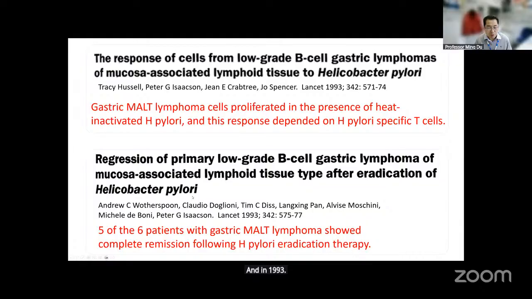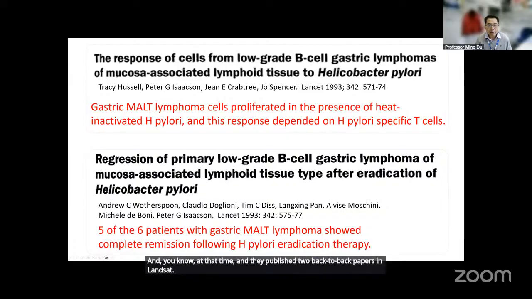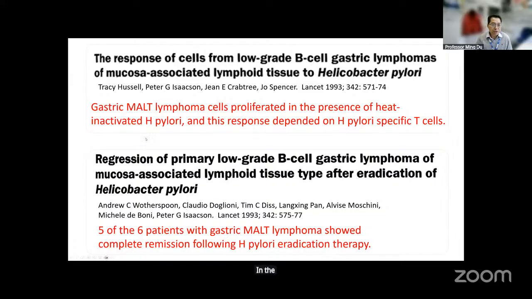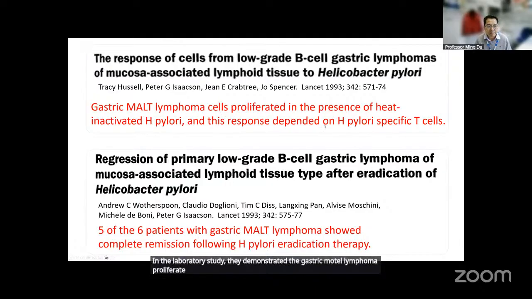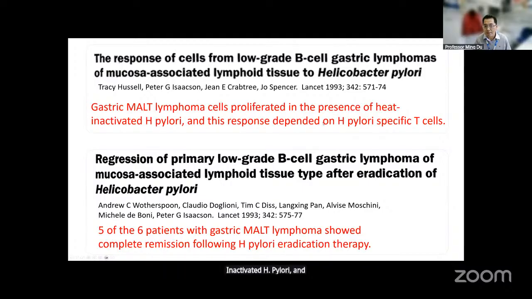So when I joined the department, there were two very exciting publications, and at that time, they published two back-to-back papers in Lancet. In the laboratory study, they demonstrated that gastric MALT lymphoma proliferates in response to heat-inactivated H. pylori, and this response is dependent on H. pylori-specific T cells.